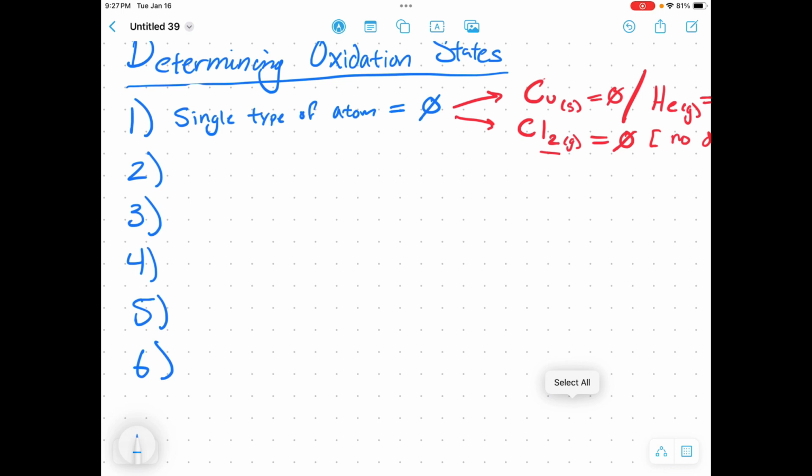Second situation we might have is that when we add up all of the oxidation states, the sum of our oxidation states has to equal its initial charge. So like the sum of oxidation states for a neutral compound is 0.